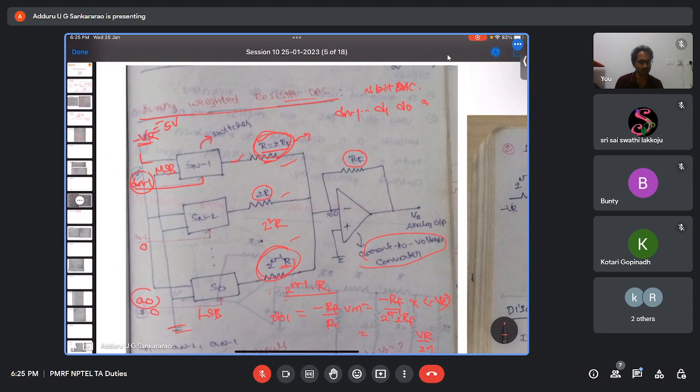Also, the ratio of any two successive resistors should be equal to 2, that is 2R by R should be 2. But practically, as you have seen with color coding, there will always be some tolerance error. So exactly getting a ratio of 2 between successive resistors is very difficult. That's why this is practically not preferable. Okay, this is about the binary weighted resistor DAC.